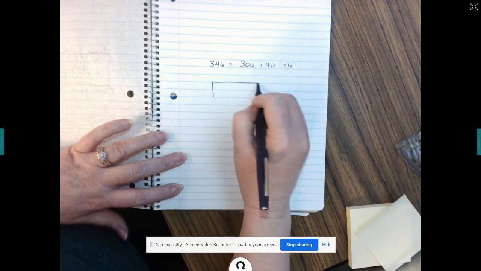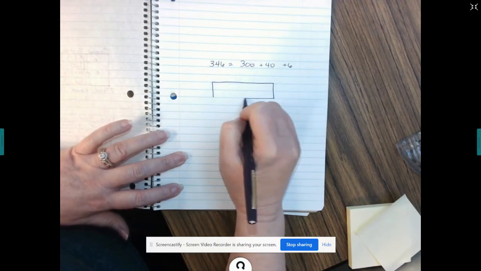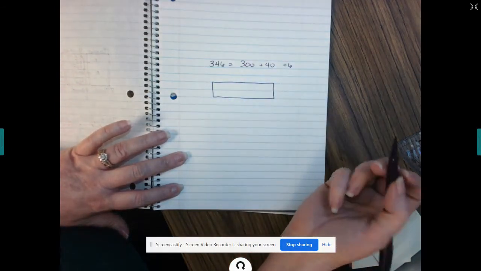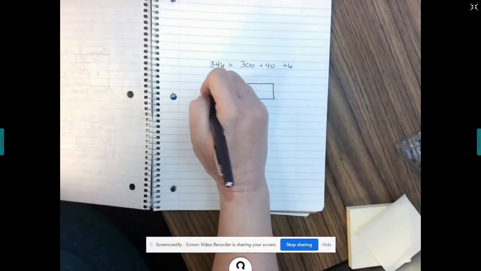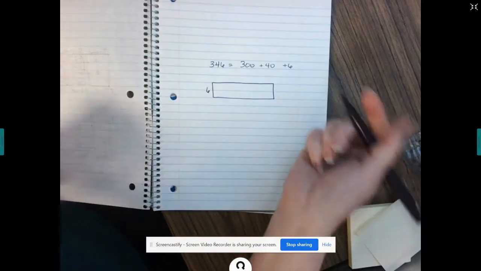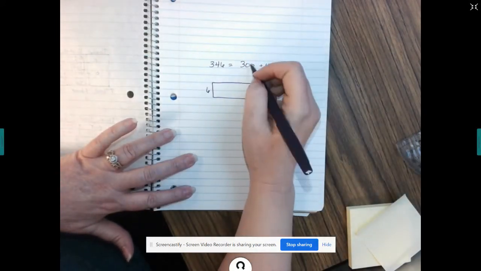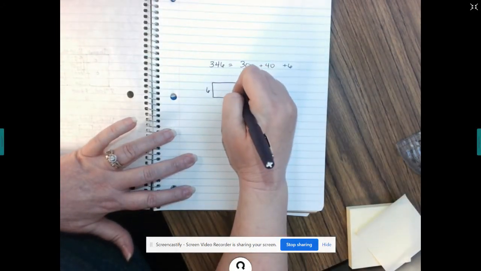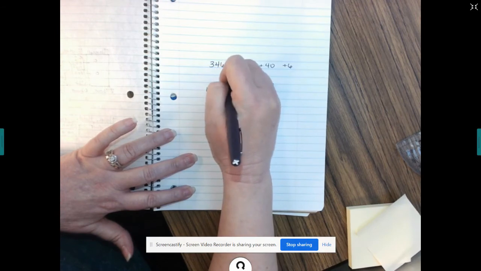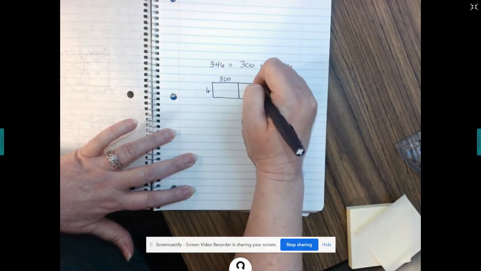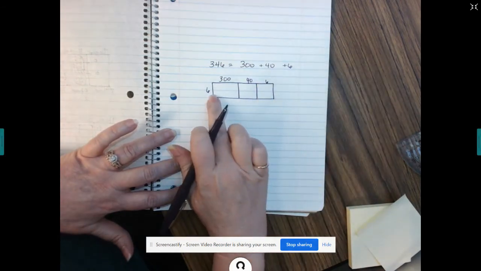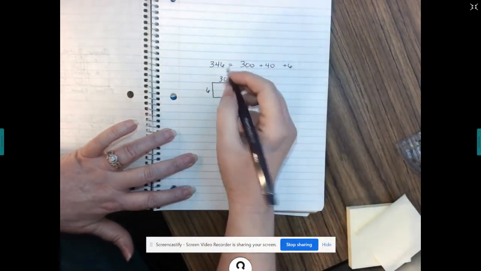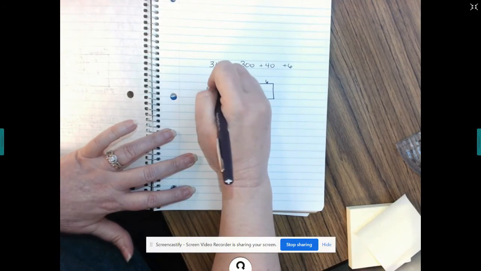So what I'm going to do, and this is where it's similar to the other model, is I've got an area. I'm going to multiply each area times 6, but I'm going to break it up into 300 and 40 and 6. So now what I multiply inside each one of these boxes, I'm going to multiply this times this.